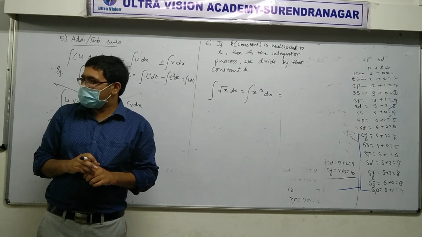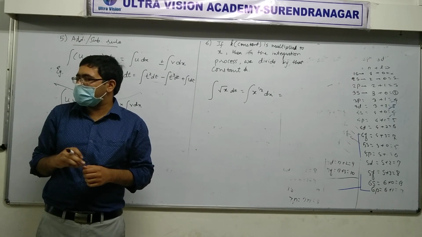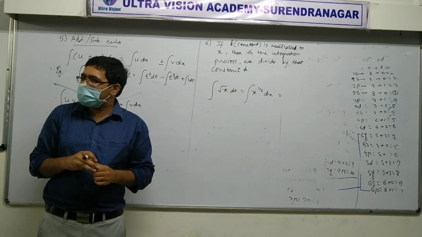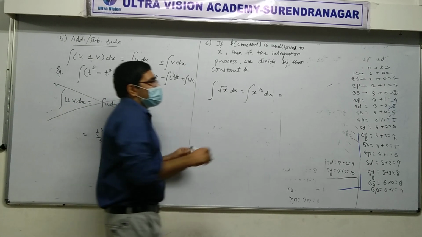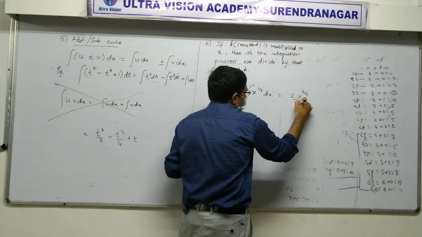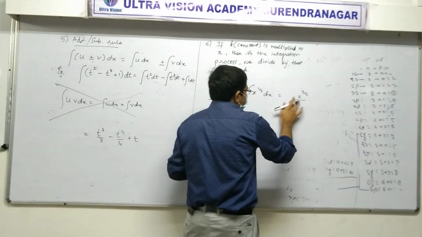Yes, Mantra? X raised to 3 by 2 upon 3 by 2. Which simplifies to 2x raised to 3 by 2 upon 3. Okay or not okay? Yes. Actually, first of all, you will get this.